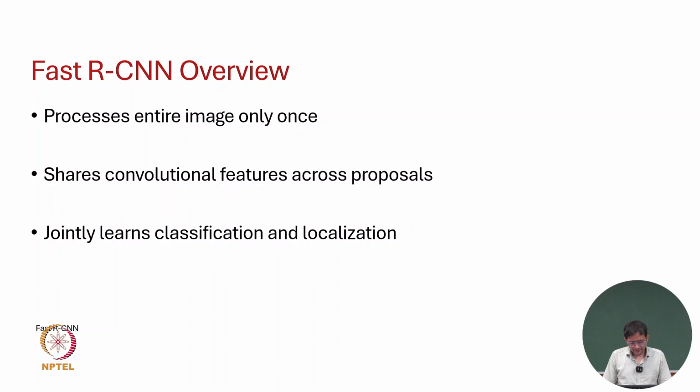Also, fast RCNN is where we are now going to, we said that okay, we will omit little discussion on, let's say, bounding box regression when we discussed RCNN, and we said that we will discuss this when we discuss fast RCNN. So this is what we will be doing in this lecture.